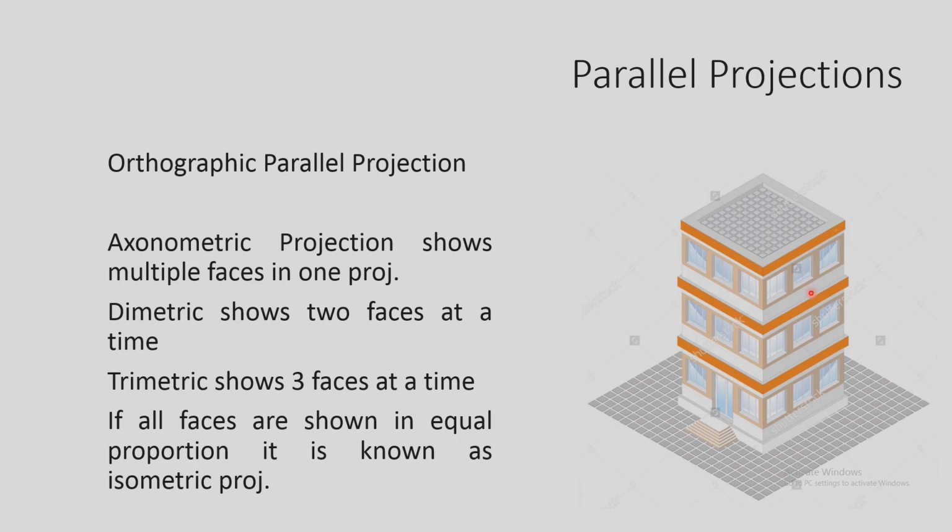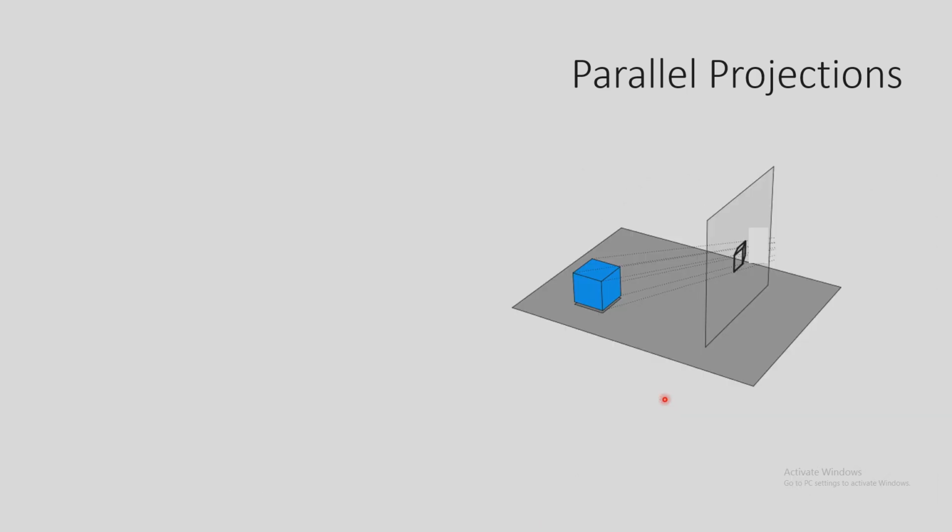So isometric projection has another example. For example, front face, side face and top view are all depicted in equal proportion. So this is a beautiful example of isometric projection.